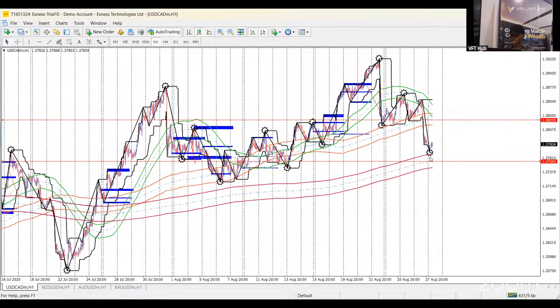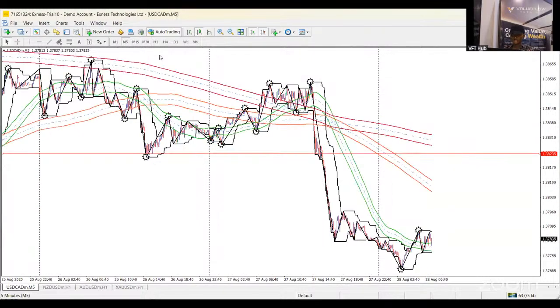So looking at this now, price respecting this level, I would simply go on the M5 time frame and mark out certain POIs that I'll be watching out for.